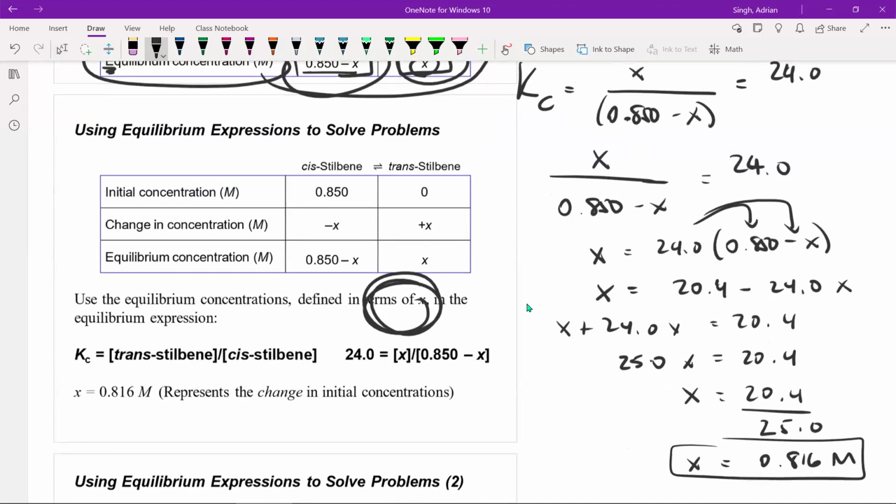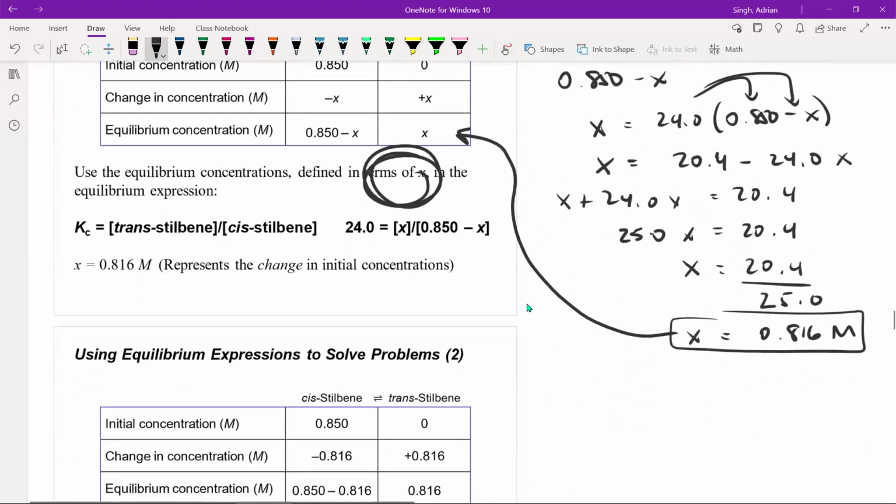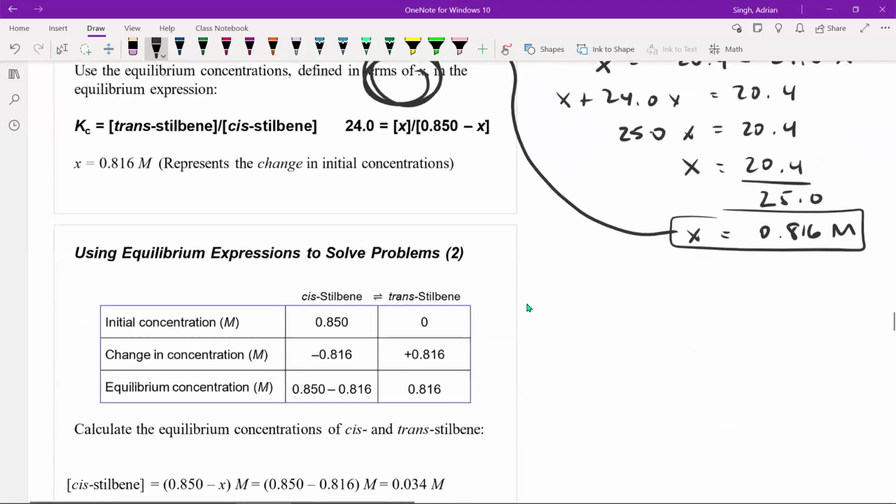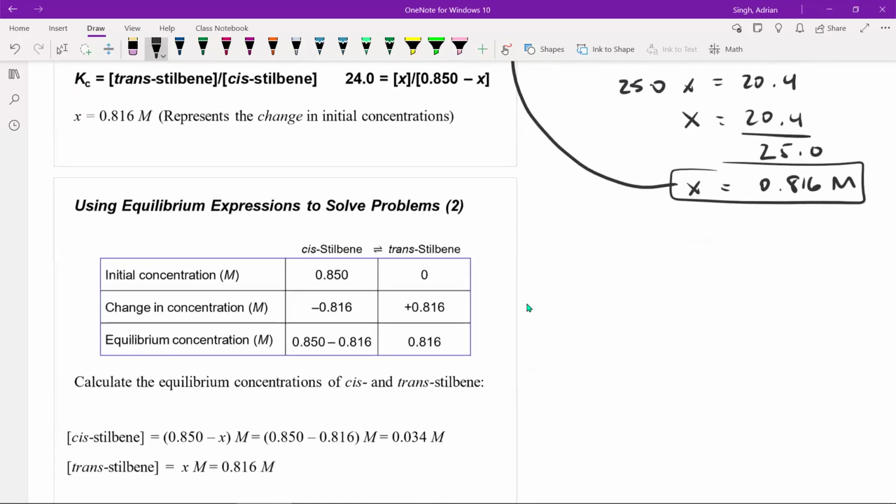Now what we can do is substitute this back into our equilibrium concentrations, which we defined in terms of x. So in the second table here, we're just substituting what x is. In the case of the trans-stilbene, remember this was plus x, so x here is 0.816, and here it was minus x. Again, x was 0.816, so we just subtract it here, add it there, and we end up with our equilibrium concentrations.